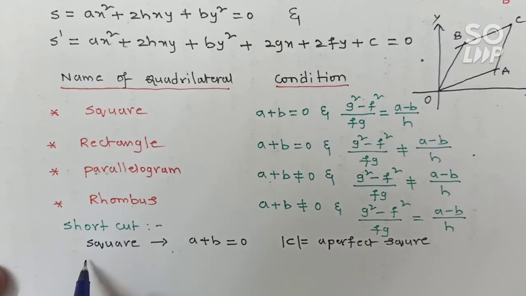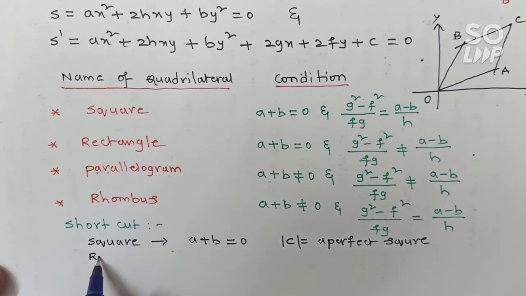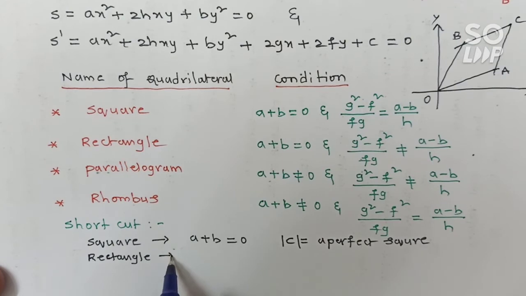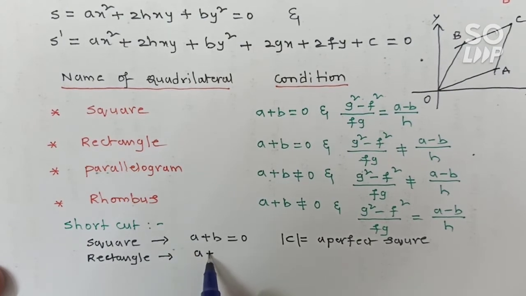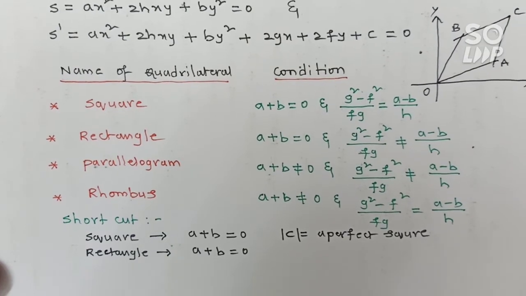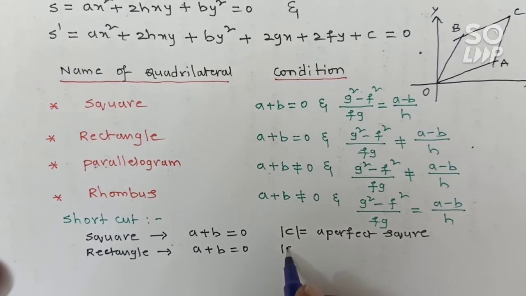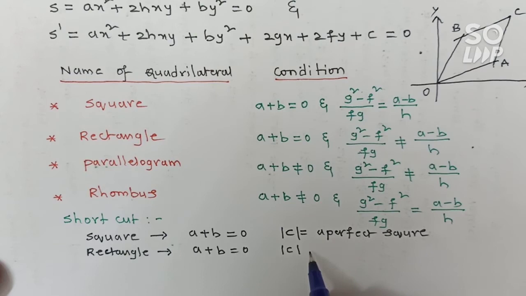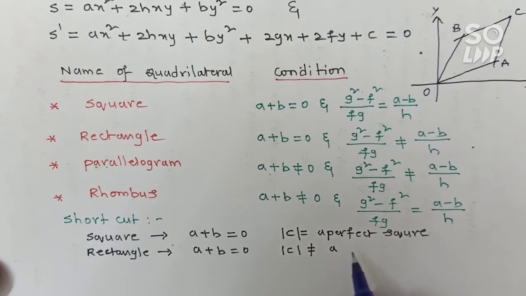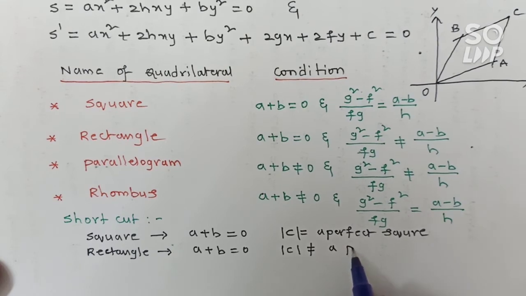And next one is the rectangle. A rectangle will be a + b = 0 and the modulus of c is not a perfect square.